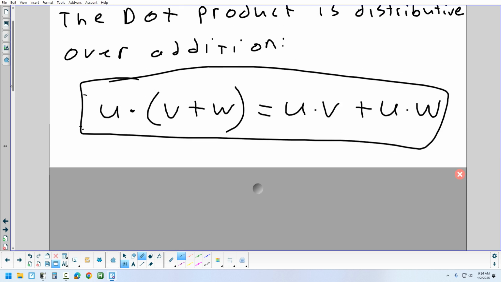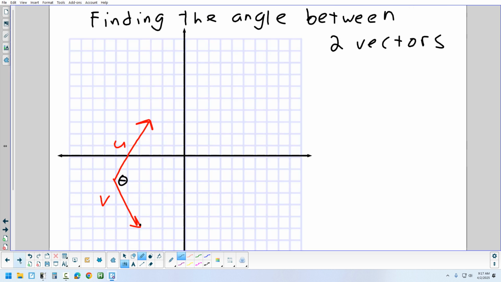All right, so what do we use the dot product for? Well, dot product is going to be important when we're trying to figure out the angle between two vectors. There's two vectors, and when I say the angle between them, I mean that angle right there. It's the angle inside the vectors.